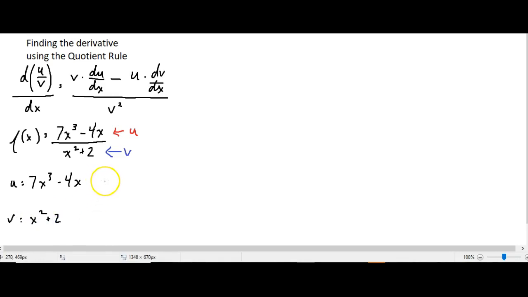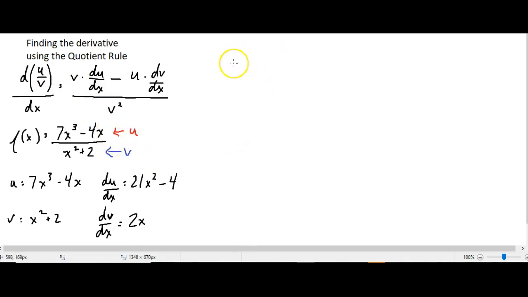We also need du dx, which is equal to 21x squared minus 4, and dv dx is equal to 2x. Okay, so we have everything we need to use the quotient rule and find our derivative.